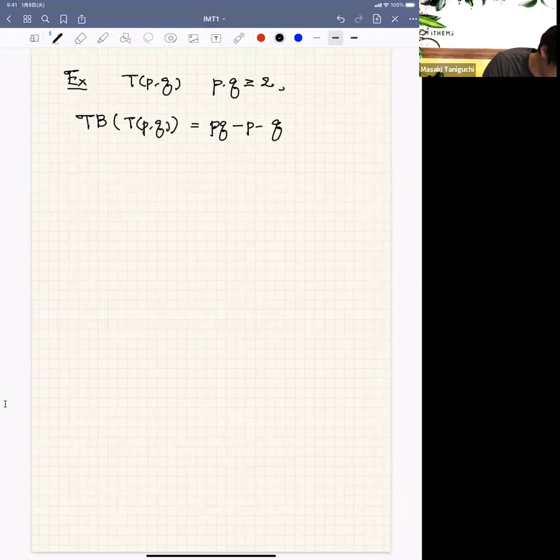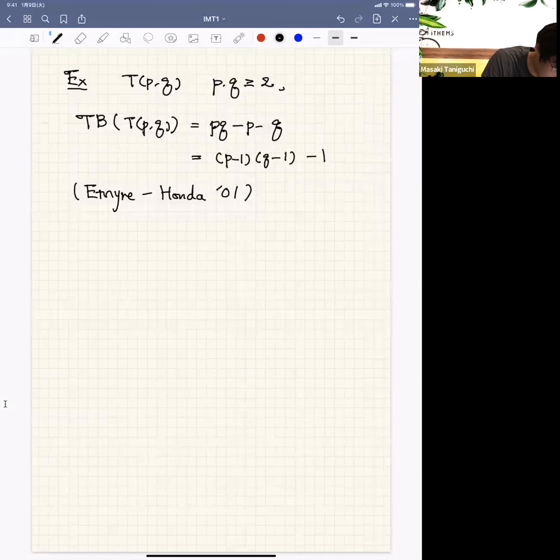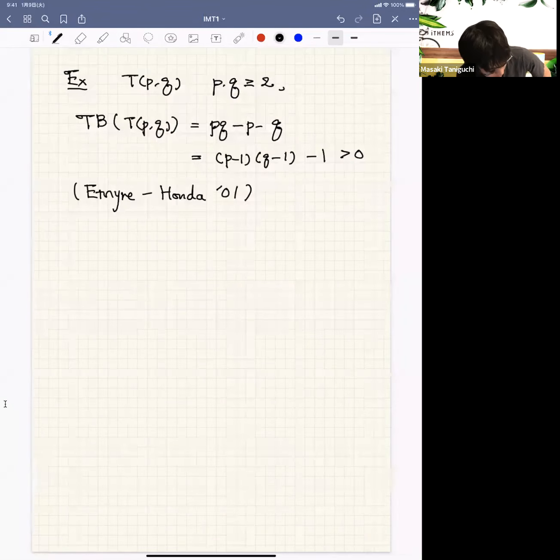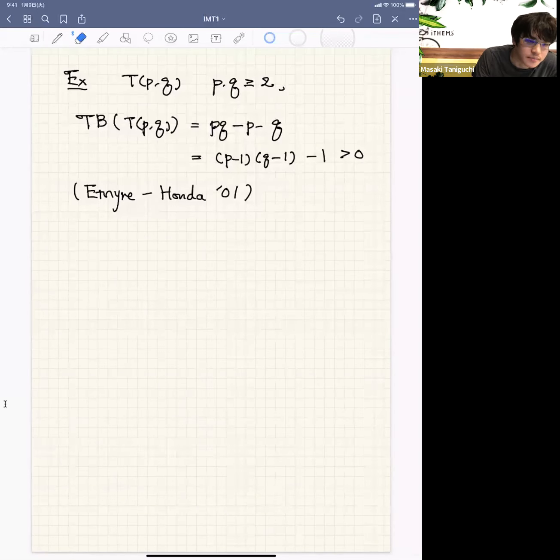This was proved by Etnyre and Honda. This is equal to (p minus 1) times (q minus 1) minus 1, and this is always positive. So this satisfies our assumption.